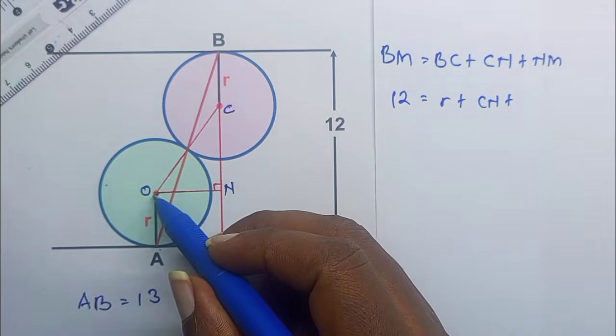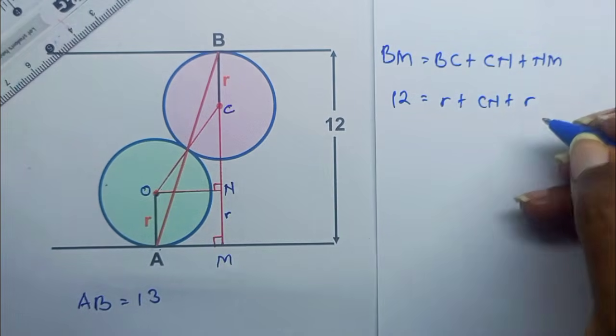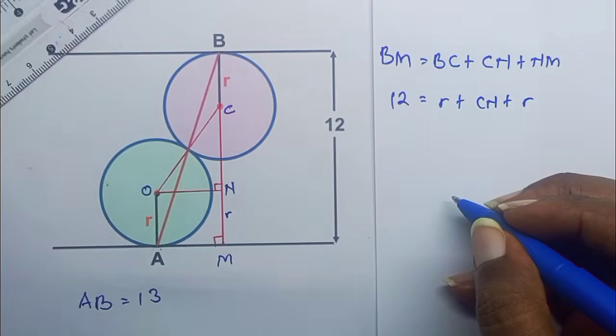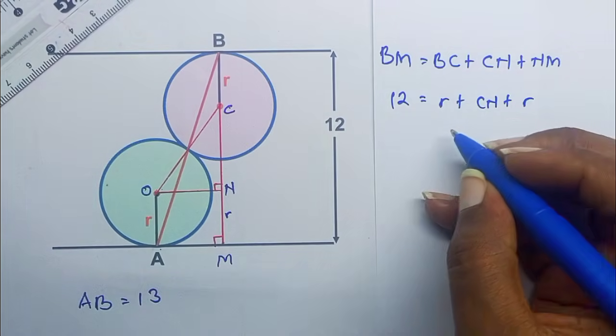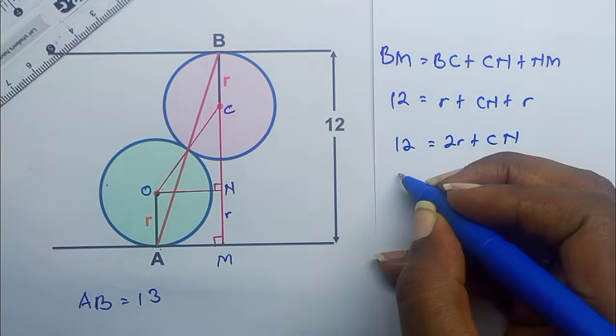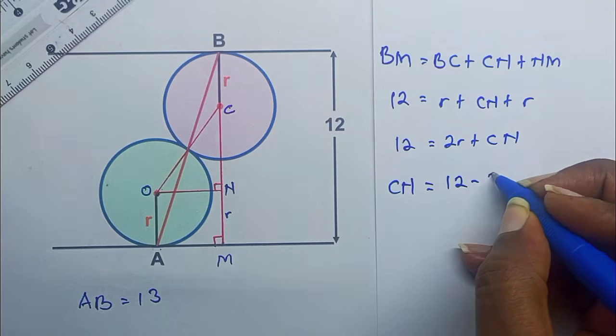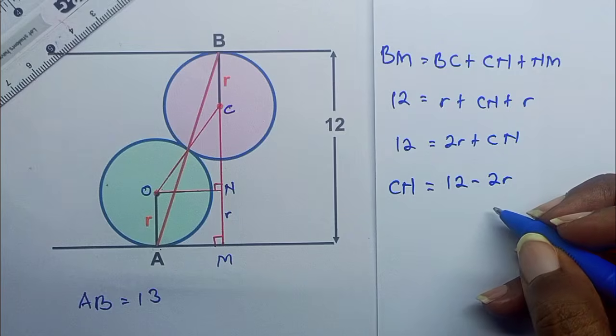NM is equal to OA, which is R. So this is also R. So plus R. Okay, so we have 12 is equal to 2R plus CN. Therefore, our CN will be equal to 12 minus 2R.